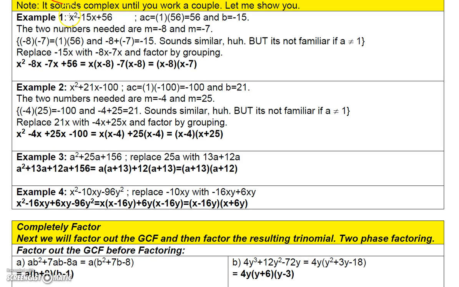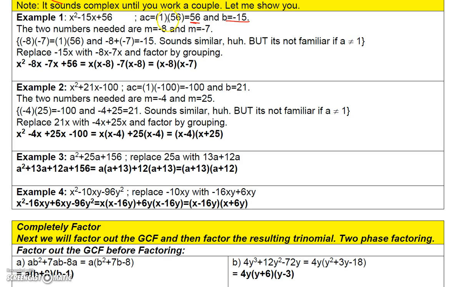So let's say we have 1x squared minus 15x plus 56. Since a is 1, the coefficient of x squared is 1, and c is 56, then a times c would be 1 times 56, so a times c would simply be 56. And b would be the coefficient of the x term, so that would be negative 15.